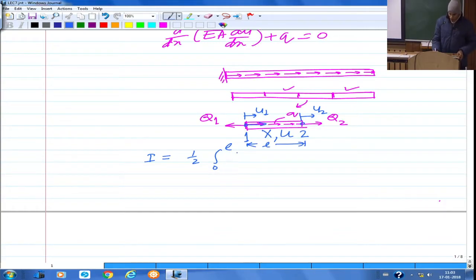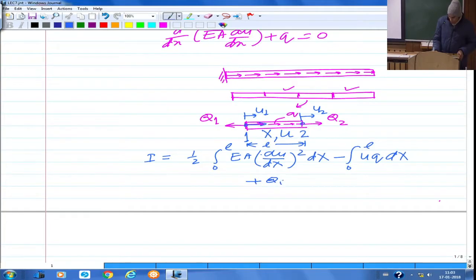So this is half integral 0 to l of EA into (du by dx) whole square dx, minus integral 0 to l of u into q dx, and then the potential of these forces, which was plus q1 u1 minus q2 u2. So this was the integral functional corresponding to this differential equation, which is written for only this element.